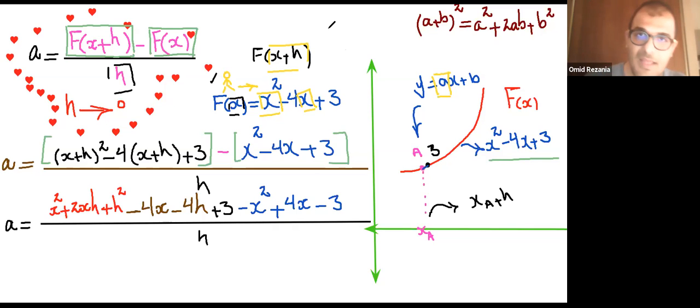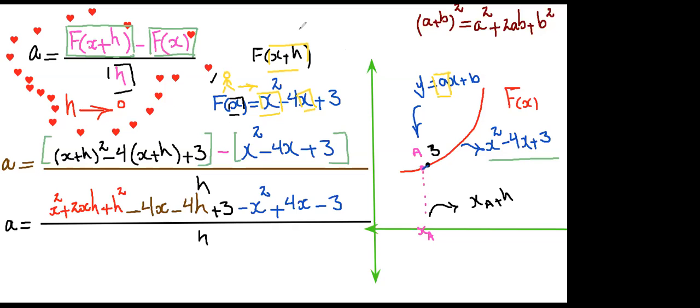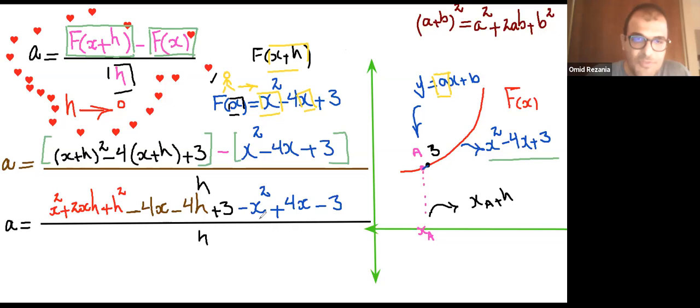Okay. Nice. Now, look at this one. That's the time to do some housekeeping. The numerator, which I have here, is filled with lots of terms which need to be simplified. It means that I write again the slope of the line between point A and B, and that's the time to do some housekeeping.